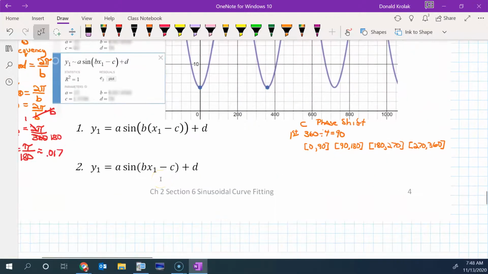All right, so a normal sine starts at the midline, then it goes to its max, then it goes back to the midline.